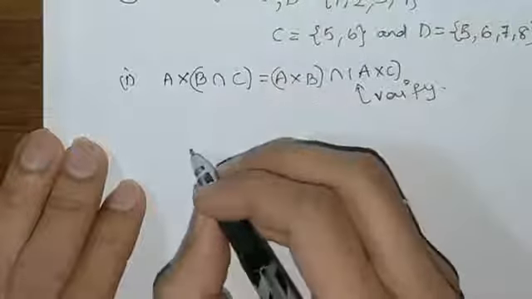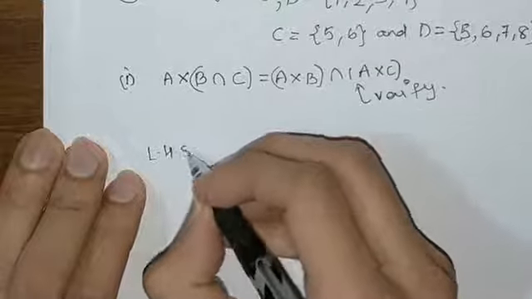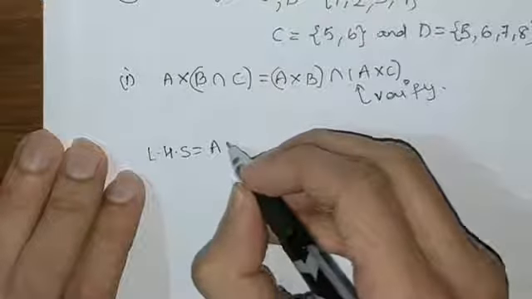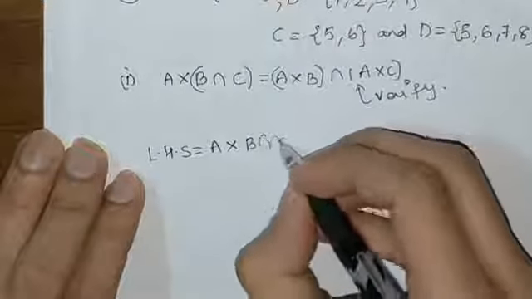First you look at the LHS. LHS is equal to A cross (B intersection C).